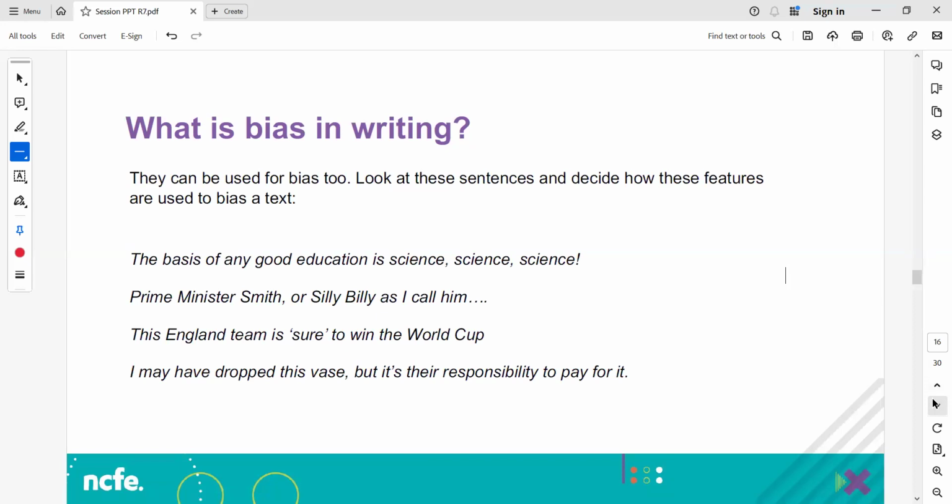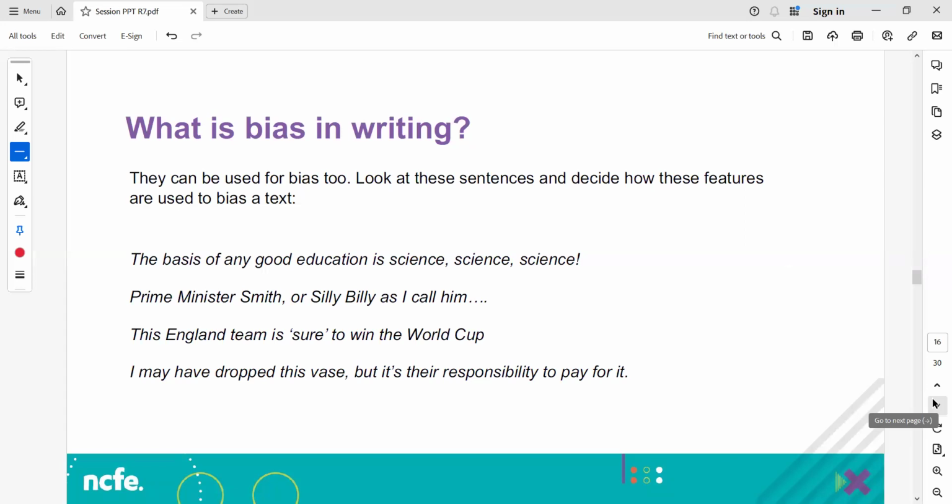So look at the punctuation. This England team is sure to win the World Cup. Sarcasm and the use of speech marks. Yeah, so they're using speech marks to show sarcasm.